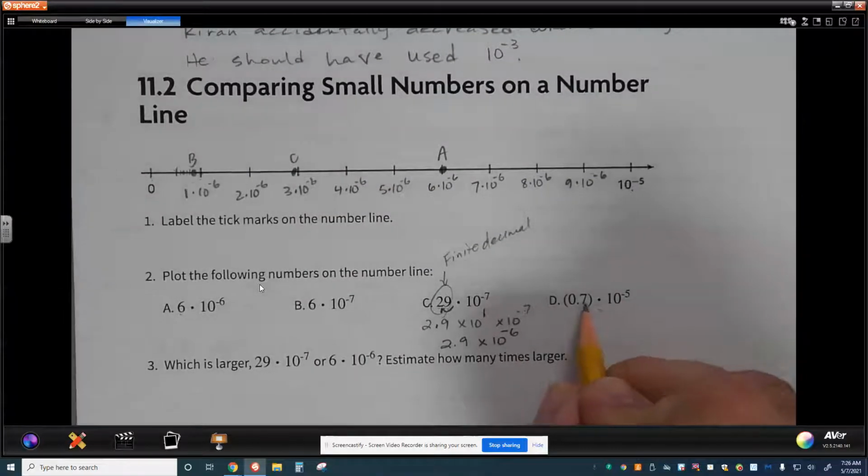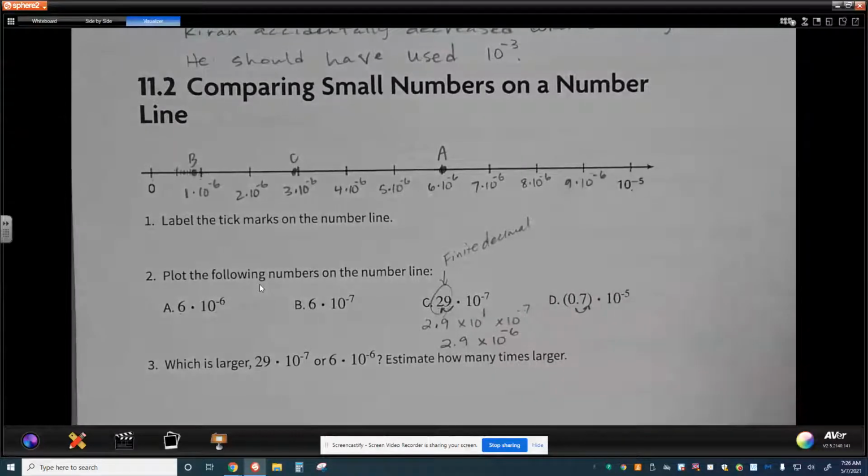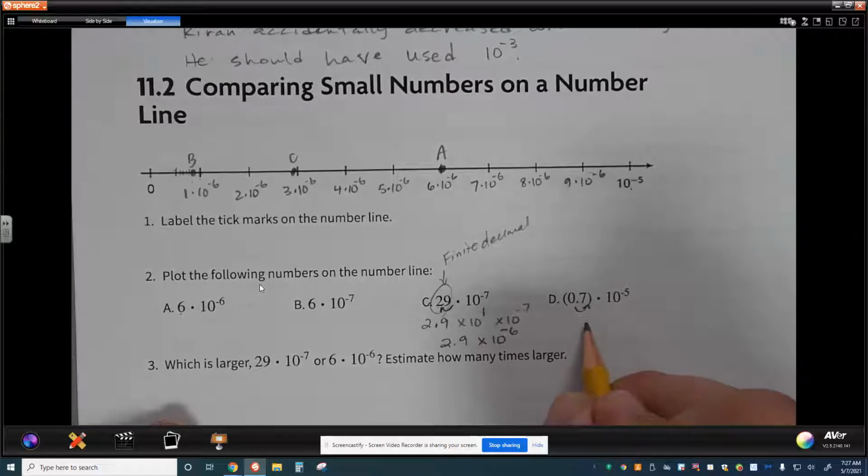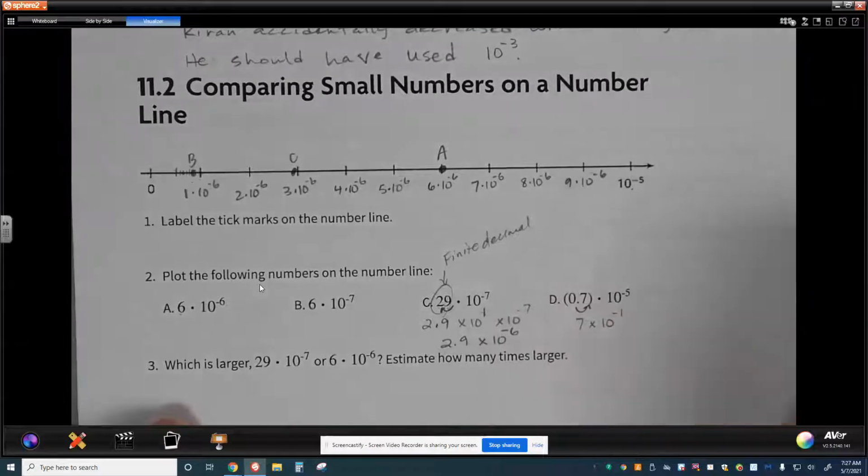And then finally, we can do the same thing here. We see 7/10. Again, this value is too small to be scientific notation. It needs to be at least 1. So we will multiply this value by a power of 10. That means by removing this power of 10, I need to borrow a power of 10 from that value, making it a negative power of 10.